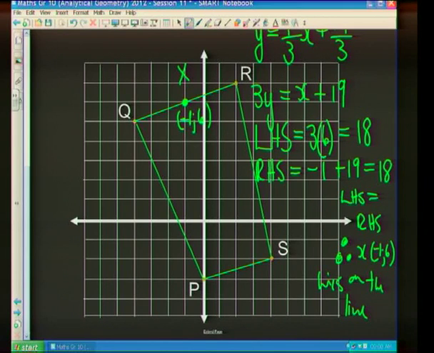Couple of things that are important here. If you are showing that a point lies on a line, you need the equation of the line. You have to treat the left-hand side and the right-hand side separately. So you substitute your y value into the left-hand side, you substitute your x value into the right-hand side.